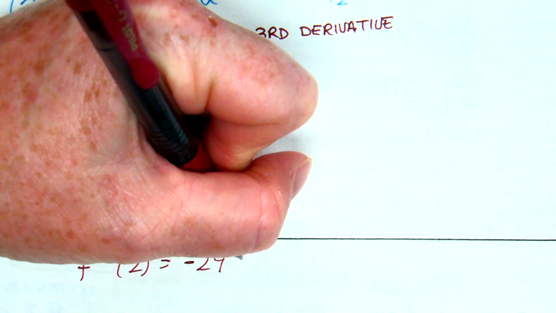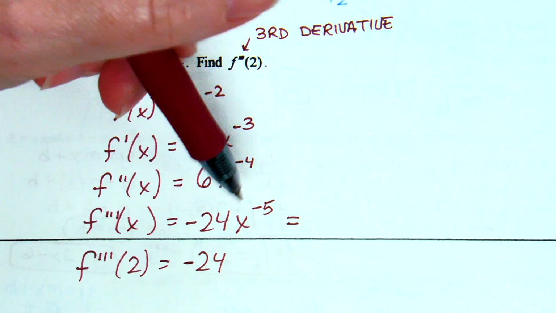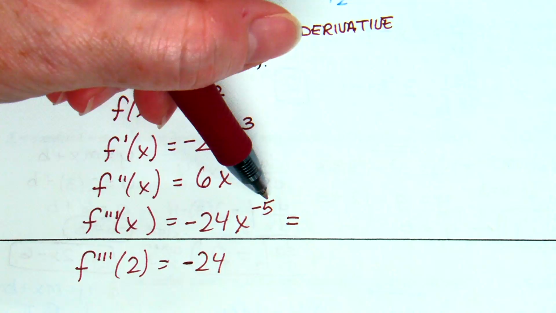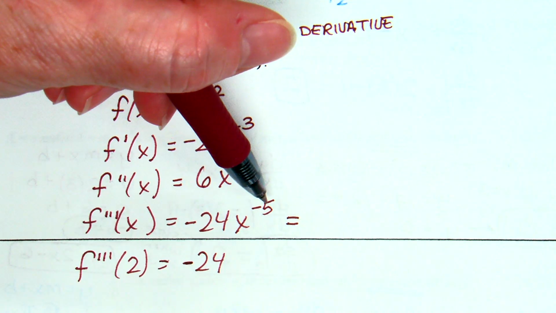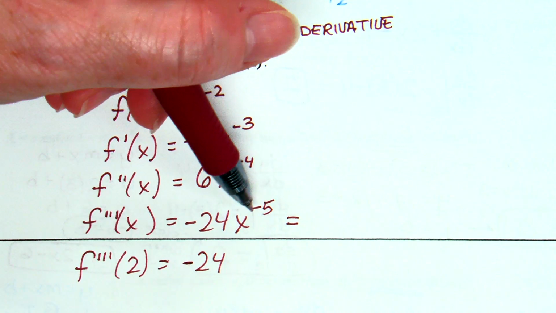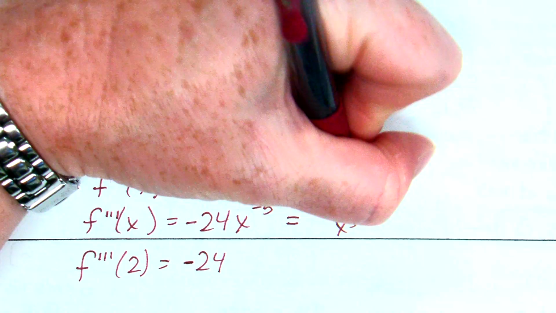Wait a minute, time out. I'm going to backtrack for a brief moment. Negative 24, x to the negative 5th. What do you guys know about x to the negative 5th? To get rid of that negative exponent, take it to the bottom. Do not try and work with this in numbers because we can't do 2 to the negative 5th. So think of this as negative 24 over x to the 5th.